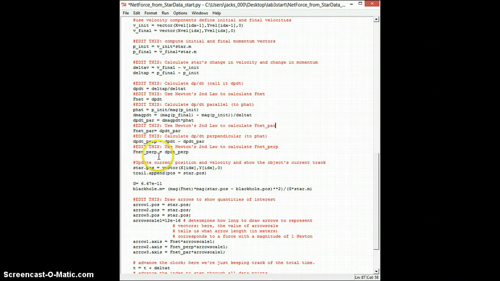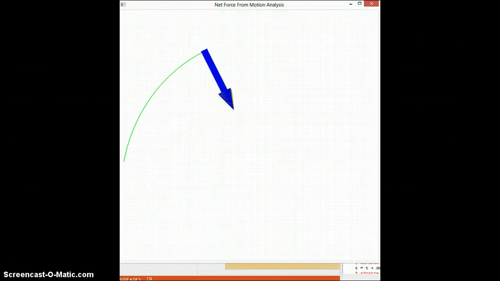The net force perpendicular equals dp dt perpendicular, and dp dt perpendicular equals dp dt minus dp dt parallel. I then included the function to find the mass of the black hole, as discussed earlier, and the error scale for my module. Here's my module.